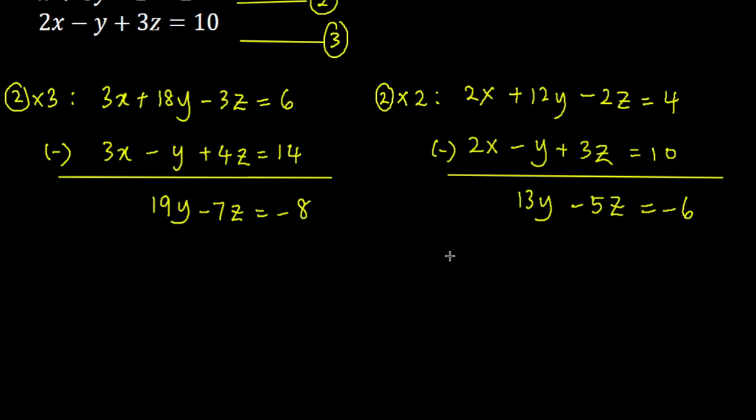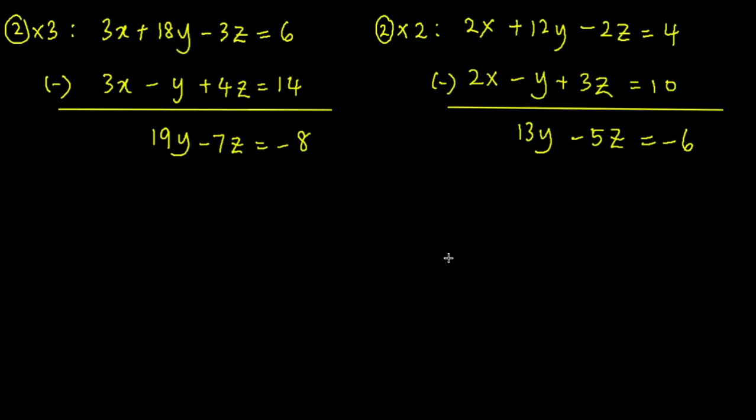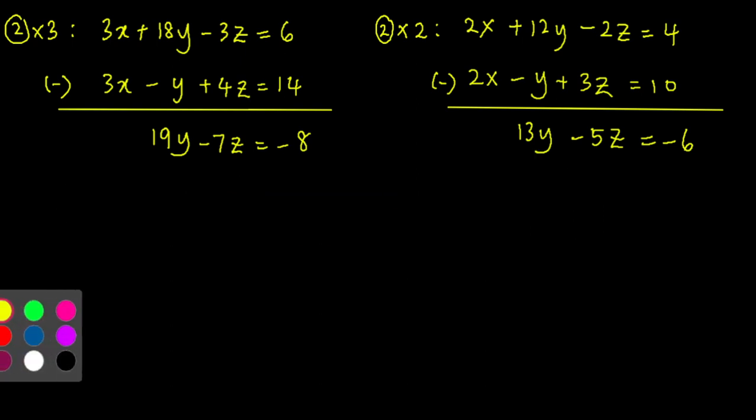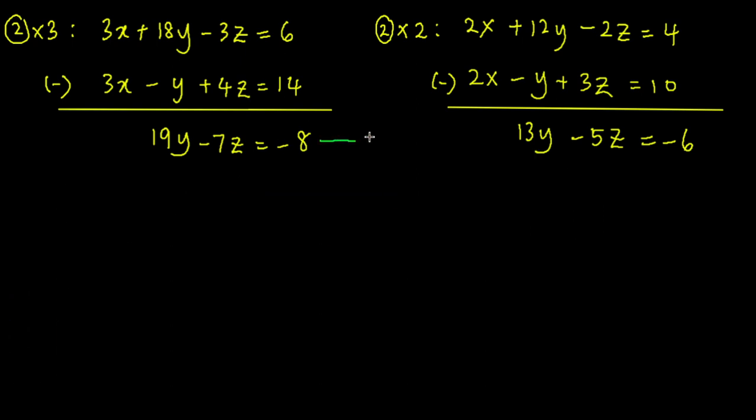This is not good, because if you observe the coefficients here, for example, y and y here, one is 19, one is 13. That's a big number. The other one, z, negative 7 and negative 5. I think both equations we need to multiply by the coefficient. Okay, so maybe we label first. This is equation number 4.